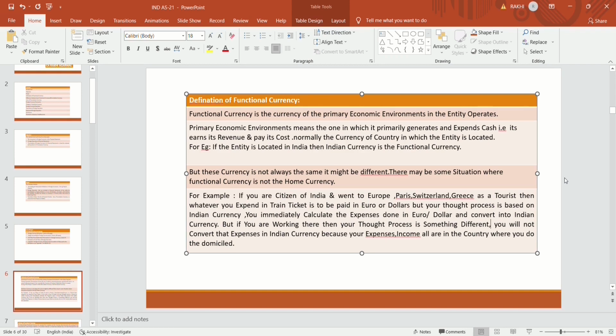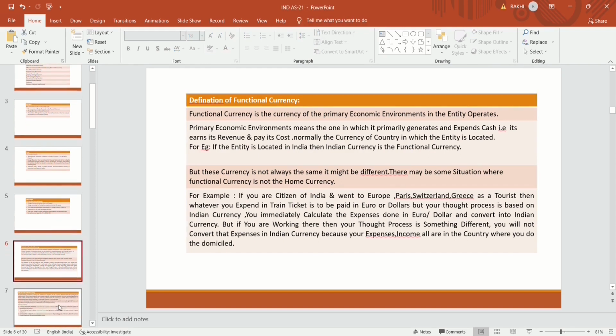So it all depends on the thought process. There may be situations where your functional currency is not the home currency, because you are not there for traveling purposes, you are there permanently, doing a service job, staying there for the last 3 or 4 years, so the thought process changes from the Indian perspective. That is why the functional currency is different from the home currency in some cases.